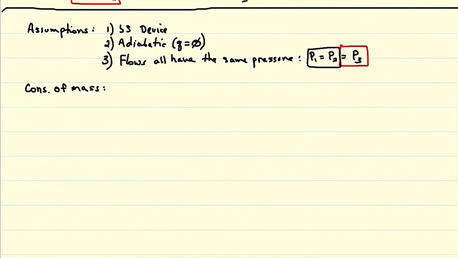We have two flows in, so our conservation of mass tells us that for a steady state system, the sum of m dot i is equal to the sum of m dot e, okay? And so what that tells us for our control system is that m dot 1 plus m dot 2 is equal to m dot 3. And now we can recall that m dot 1 is equal to m dot 2, right?